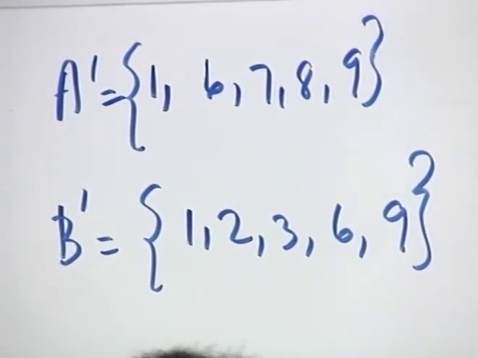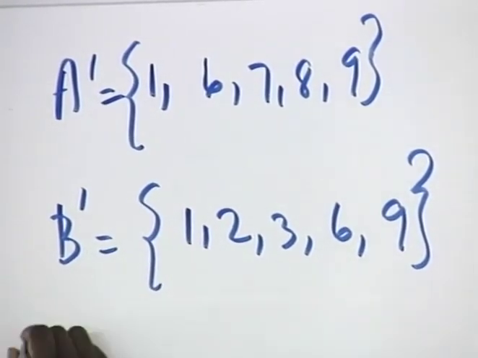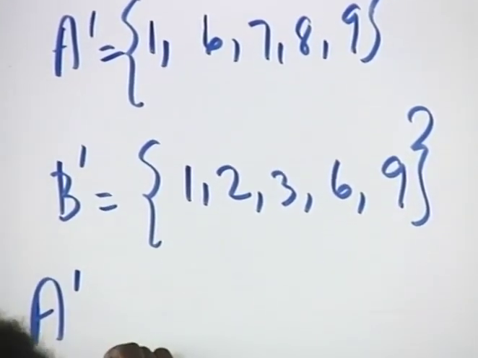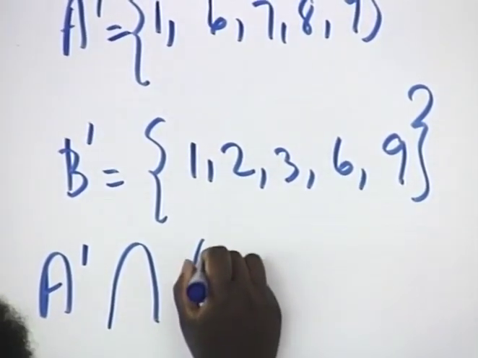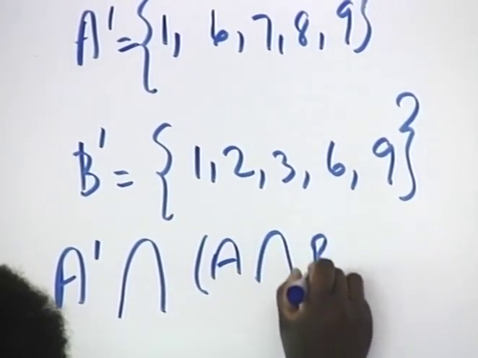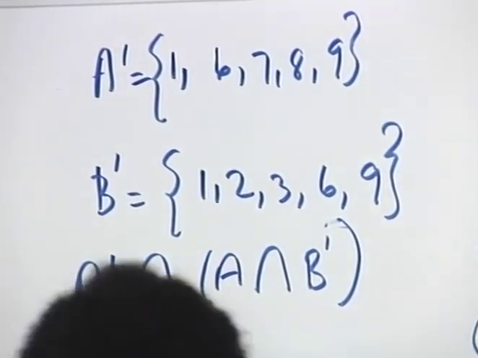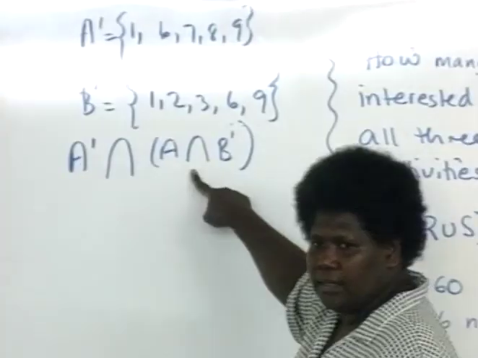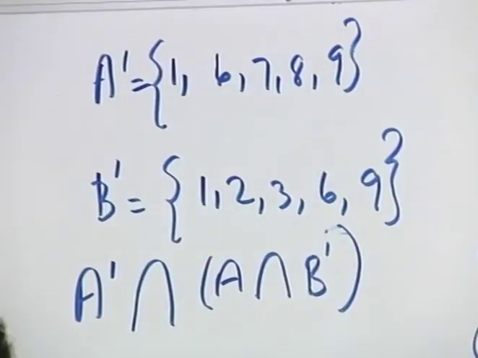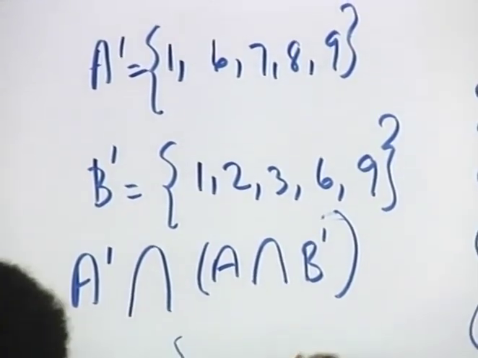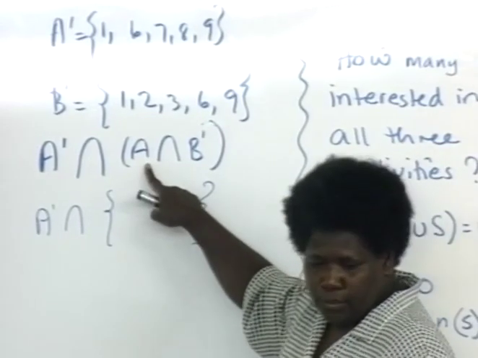The set A we know is 2, 3, 4, and 5. So the question is the complement of A intersection, in brackets, A intersection the complement of B. First we have to find A intersection the complement of B. A is 2, 3, 4, 5.